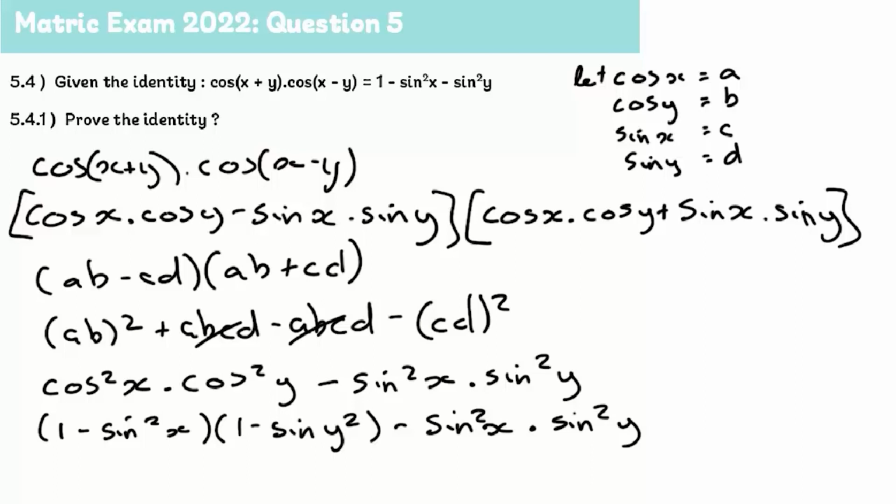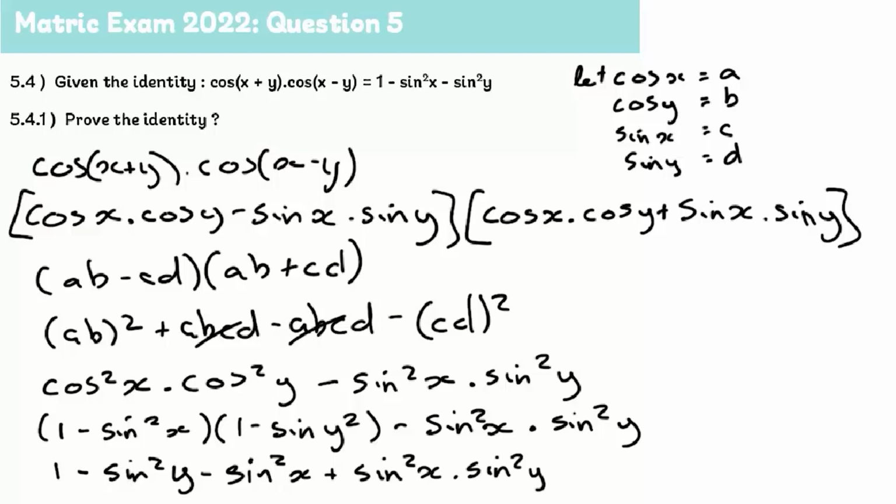It's at this point where you can substitute again, but I'm not going to do that. Let's just multiply this out. You get 1 minus sin squared y minus sin squared x plus sin squared x times sin squared y, minus sin squared x times sin squared y.